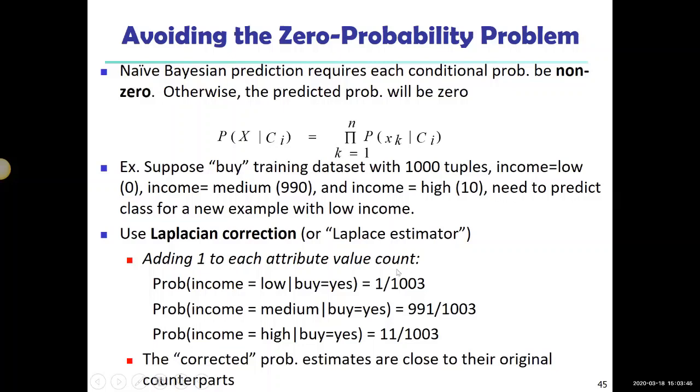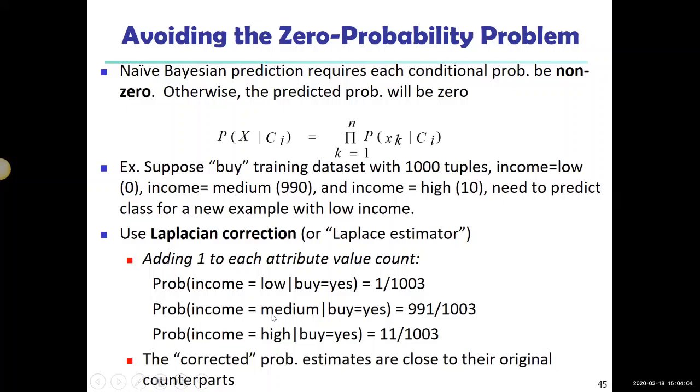Another way of looking at it, this scheme allows us to give a very low probability to this unobserved value, while still keeping a probability distribution for this conditional distribution.